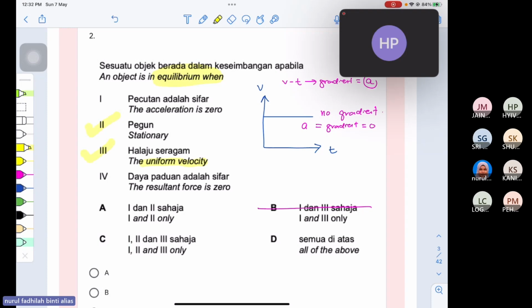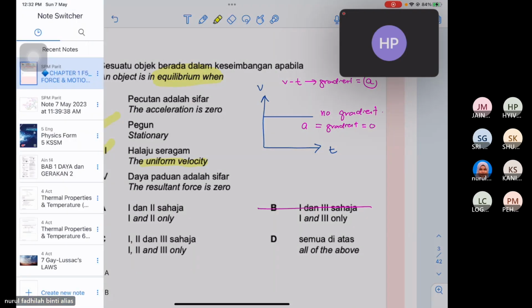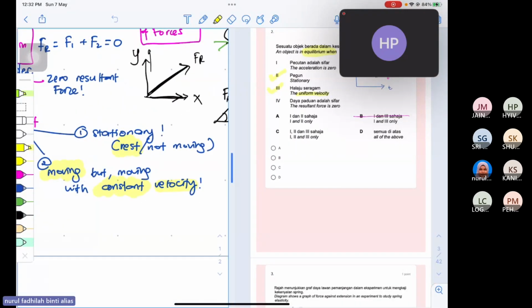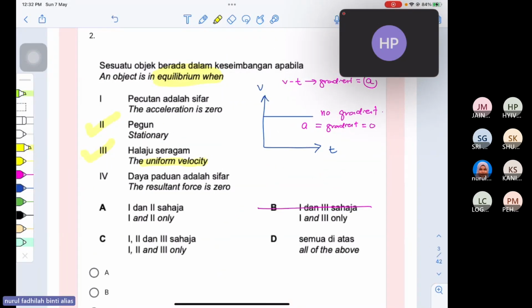Ada tak tadi dalam nota kita? Ada. Okay, ada. Moving at constant velocity. Okay, so number 3 pun betul. Jadi mana yang tak ada number 3 salah. Okay, so C ke D? Okay, 4. 4 dia kata an object is in equilibrium if the resultant force is 0. Betul ke tak?